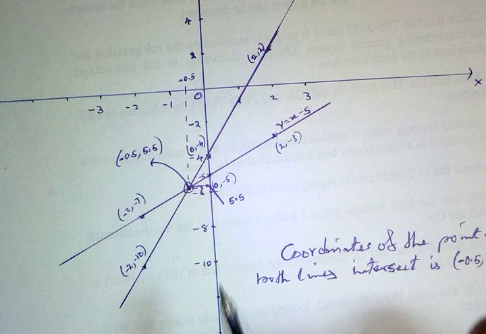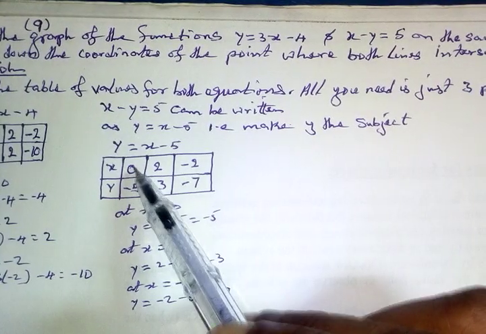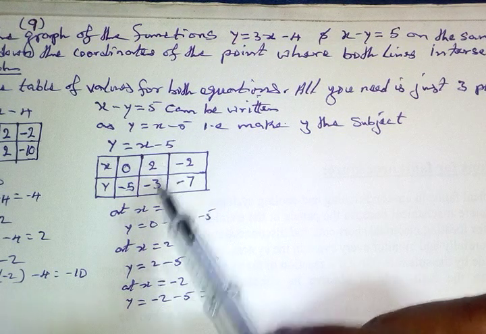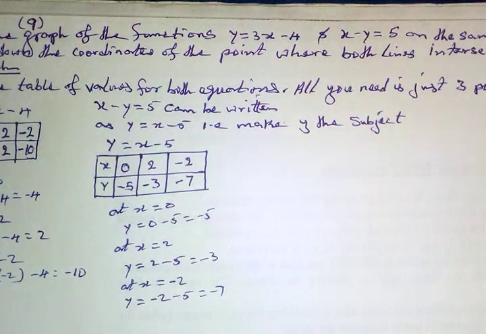Okay, so we repeat the same thing on the second equation, which is y equal to x minus 5. So we plot the points also: 0, comma minus 5; 2, comma minus 3; and minus 2, comma minus 7.